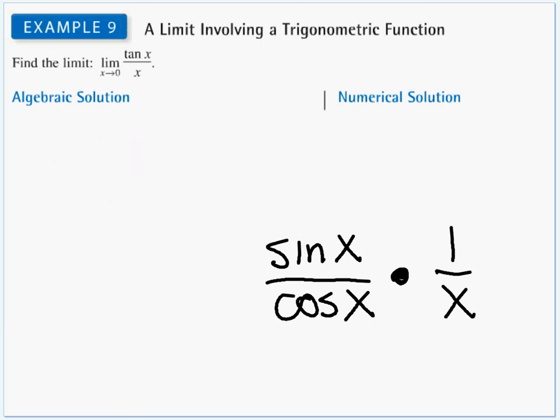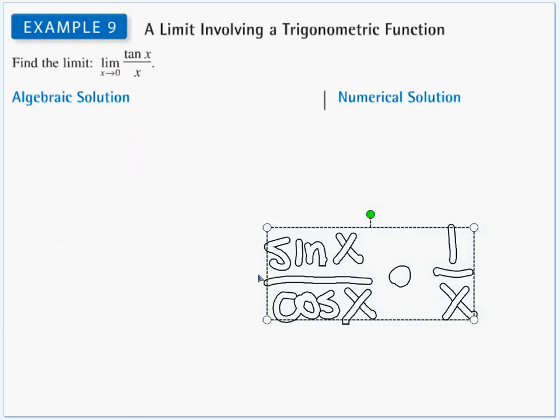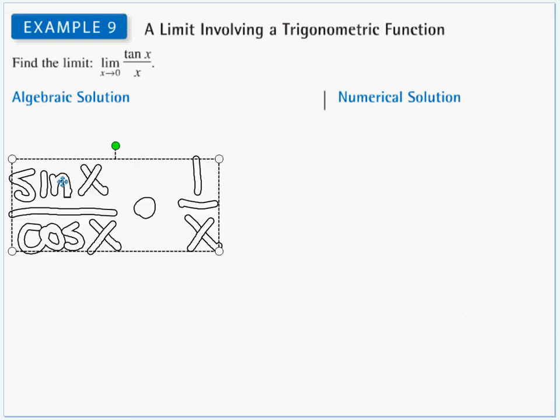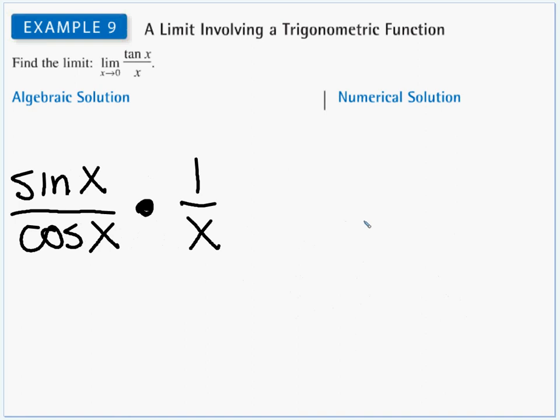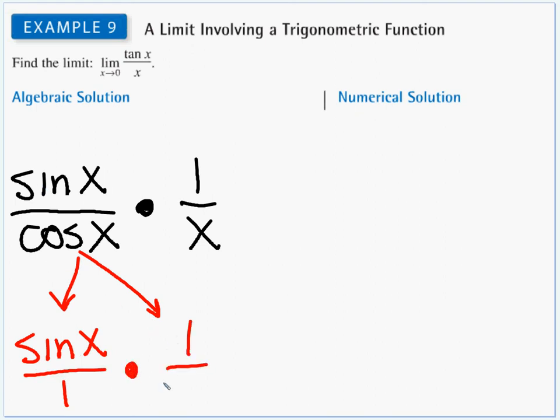Now, I said this a lot in pre-calc, and I'll say it here in this class. We've got some fractions here multiplied together. We can rip this apart and put the pieces back together however we want. Like this first term, we can actually break that into 2. I could write that as a sine x over 1, and then the other one would be times 1 over cos x. See, I just broke it apart into 2 components, and then I've still got this times 1 over x.